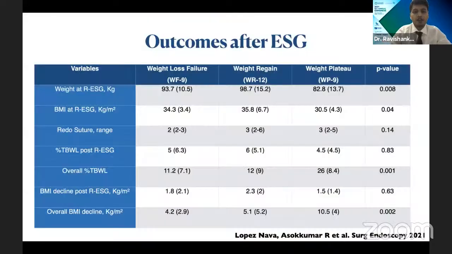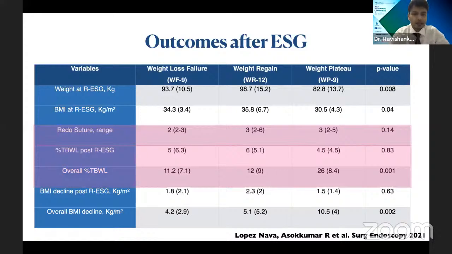When we looked at the post-ESG outcomes, the number of sutures that we require to do a redo ESG is around 3. The percentage total body weight loss, even after redo ESG, shows all patients continue to lose weight, irrespective of whether they are in the weight loss failure group or weight regain group.